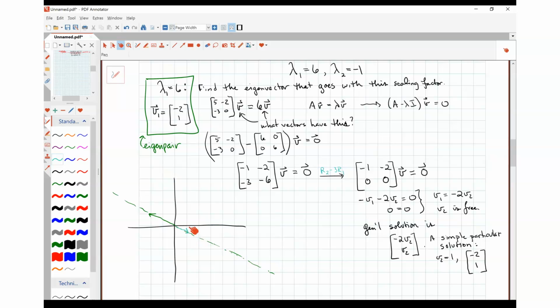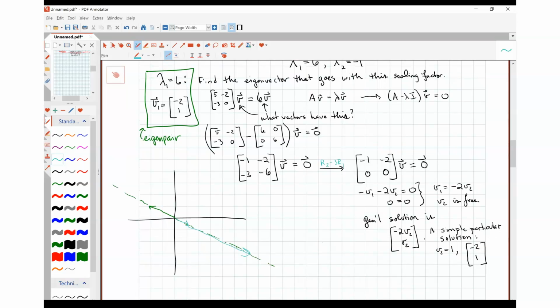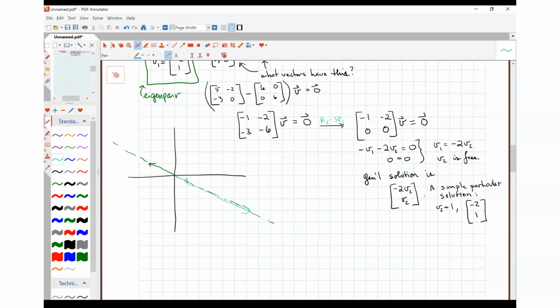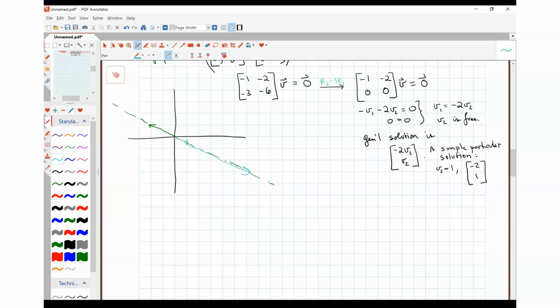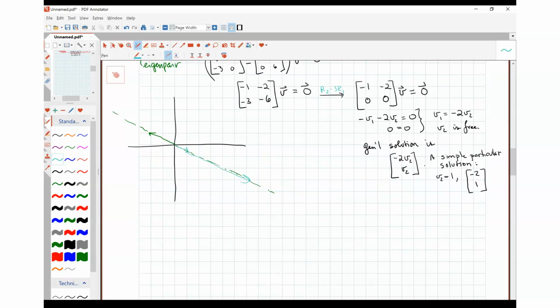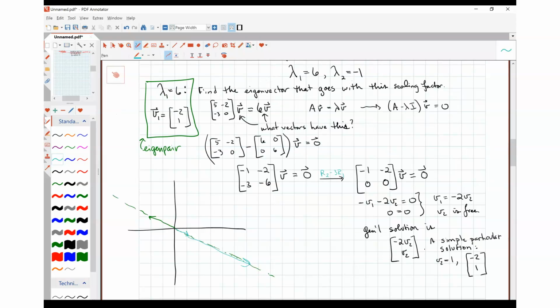So in other words, I guess that looks about 6 times longer, maybe not quite. And that's true for components of vectors that are in that direction as well, components of other vectors. Now, that is one eigenpair. We had 2 eigenvalues, so we have another one that we need to look for.